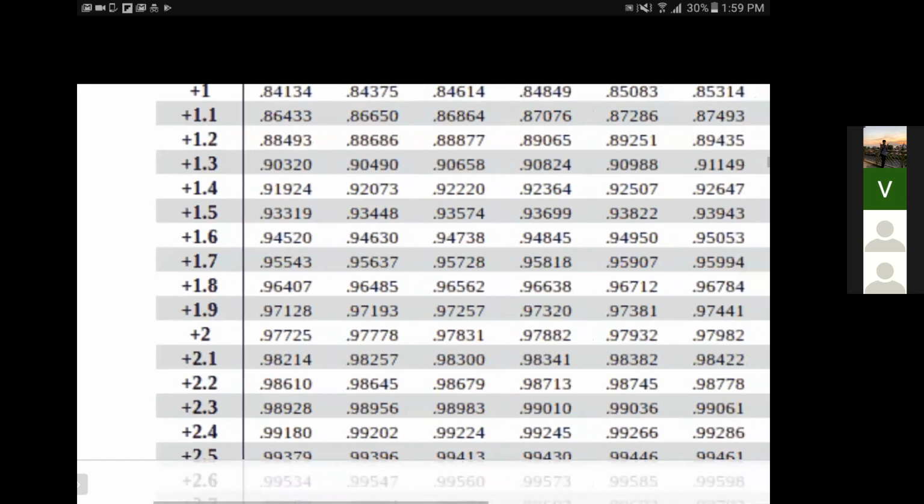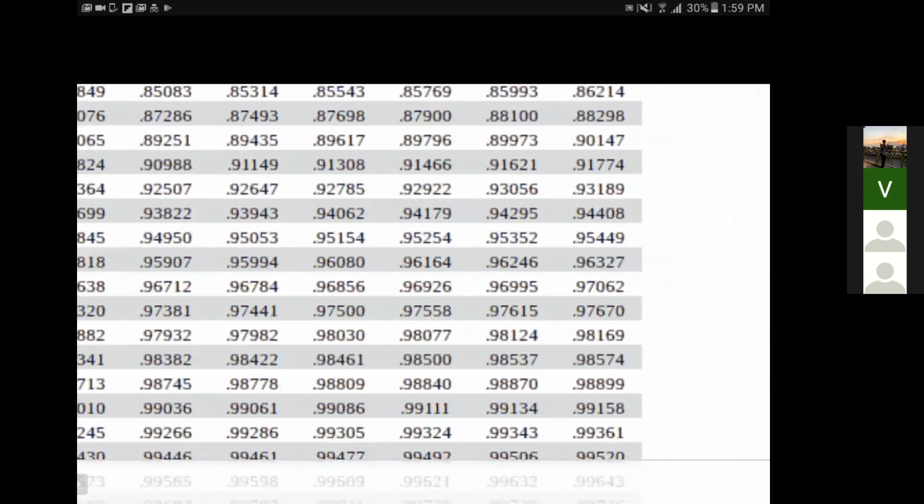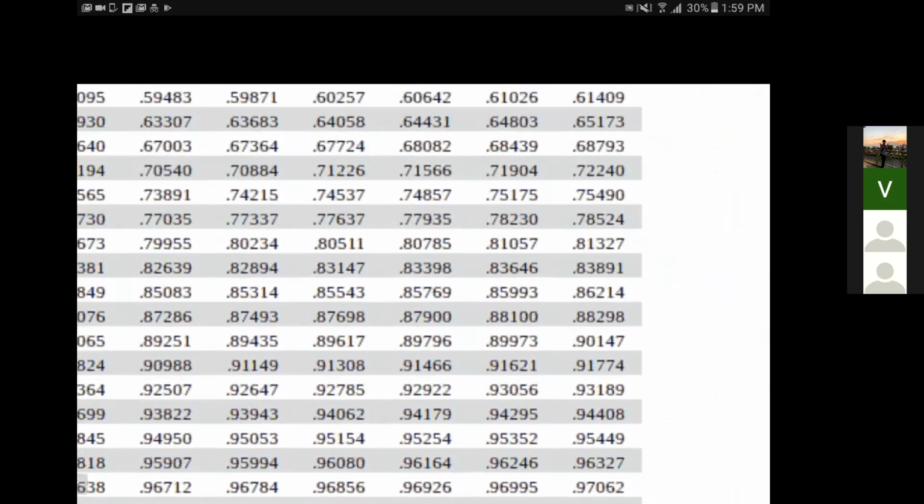So since crude way nga ito, estimates lang tayo. So somewhere here, nasa gitna ng 0.89973 tsaka 0.90147. Nasaan si 0.9 nandito? Nandyan si 0.9. So what do? We just select the one closest. Ano ba yung mas malapit?